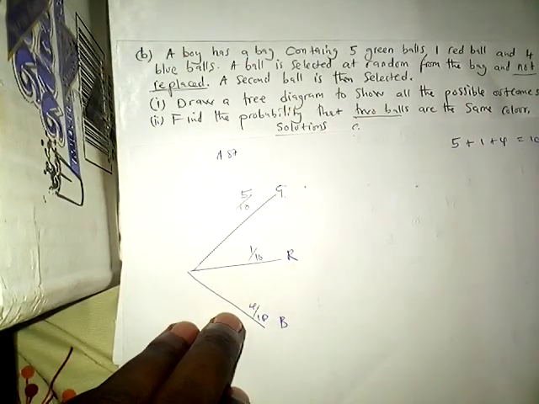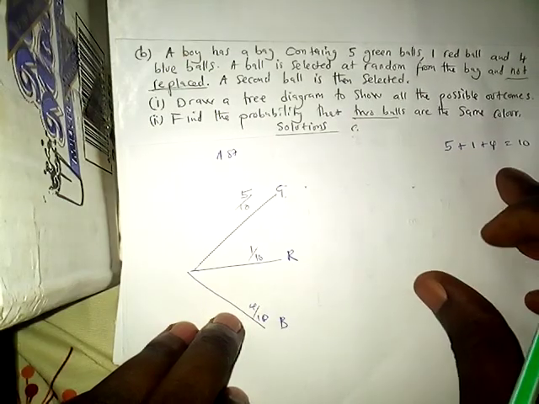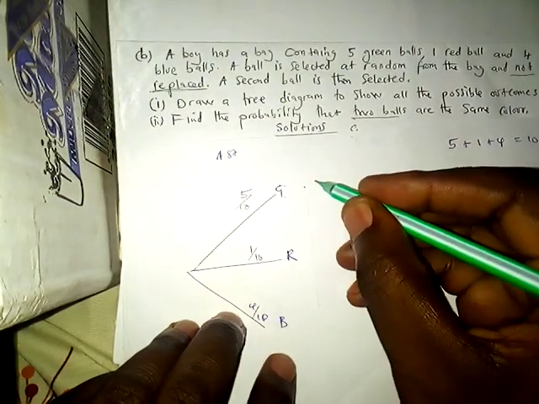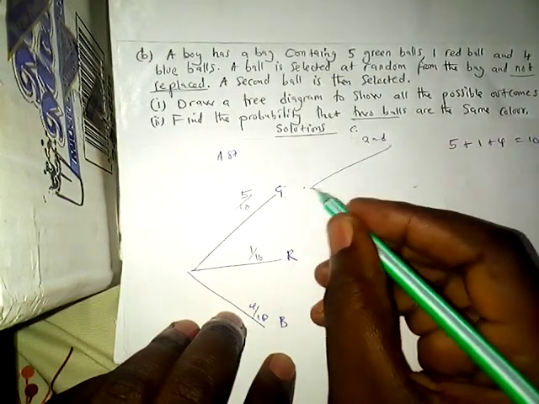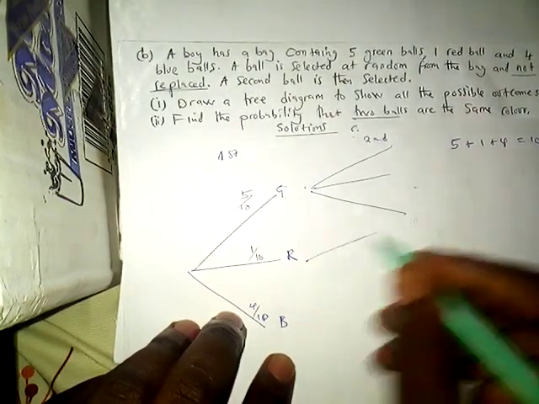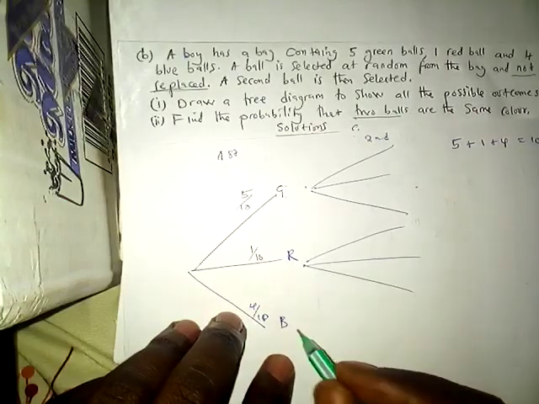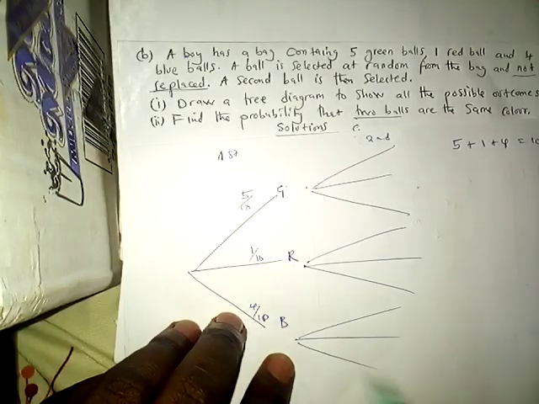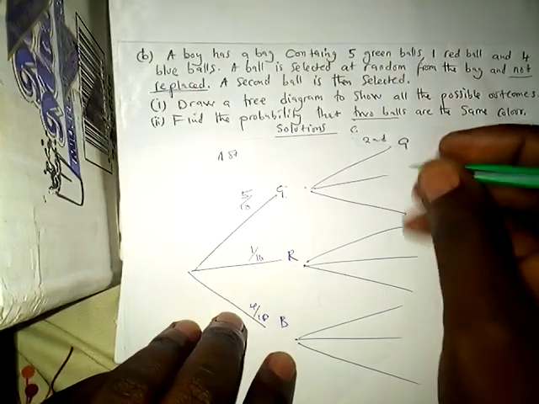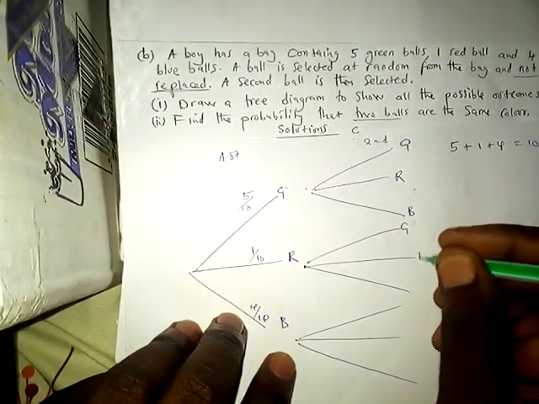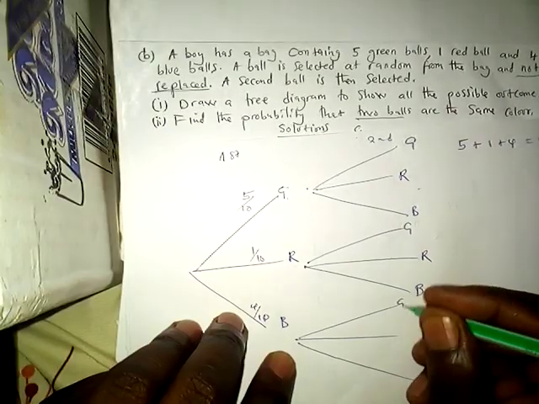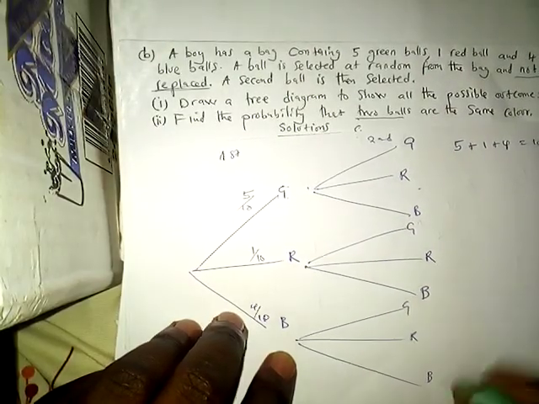But again, we've been told there was another selection, so we are going to extend our tree diagram and it will look like this for the 3 colors of balls that we have. So we have green, red, blue, green, red, blue, green, red, blue.